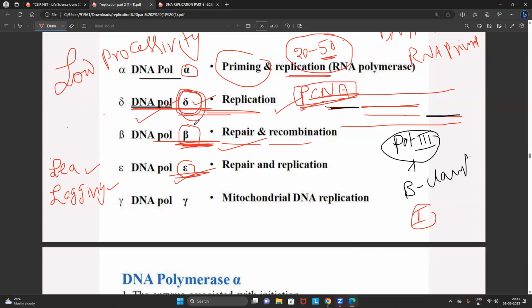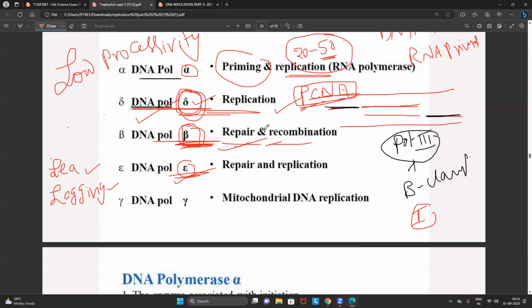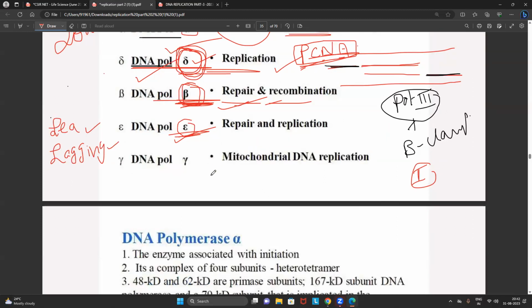Now, polymerase beta is the enzyme that plays a key role in the process of repair and recombination. But the very unique enzyme is what? Pol delta only. And every student knows very well, you studied in intermediate, mitochondria have DNA. Chloroplasts also have their own DNA because they are semi-autonomous organelles, or self-replicating organelles.